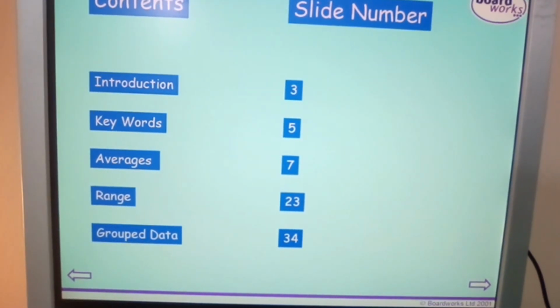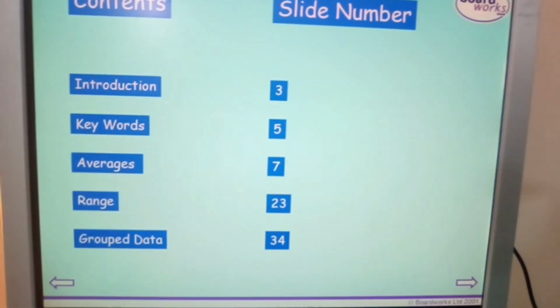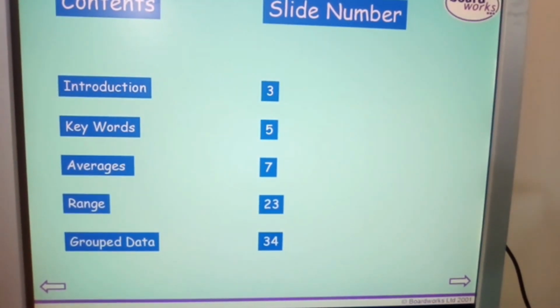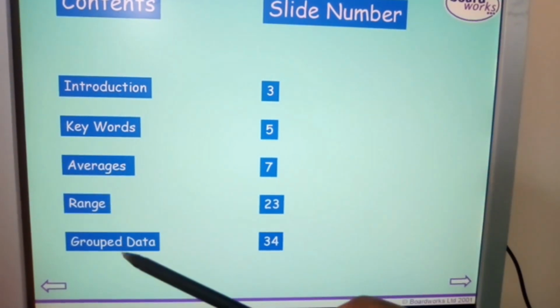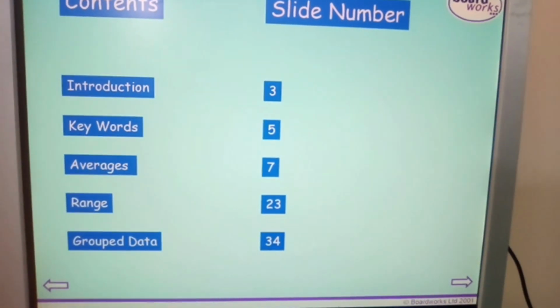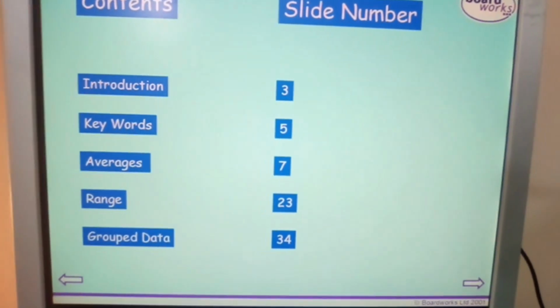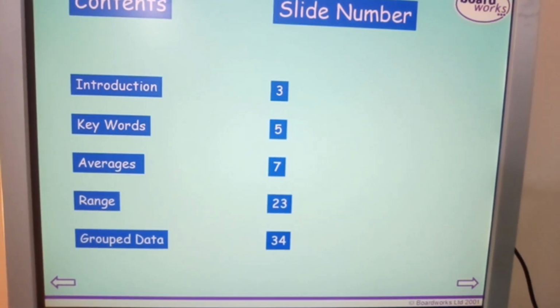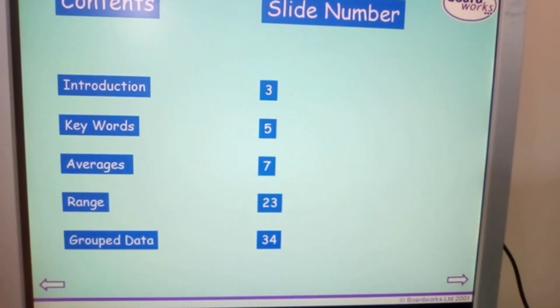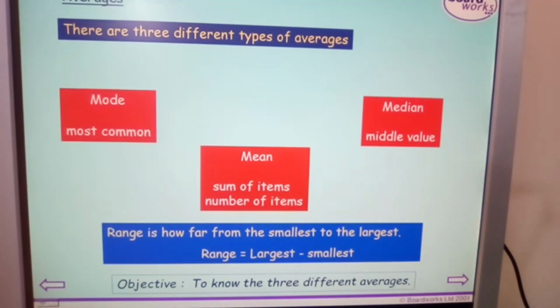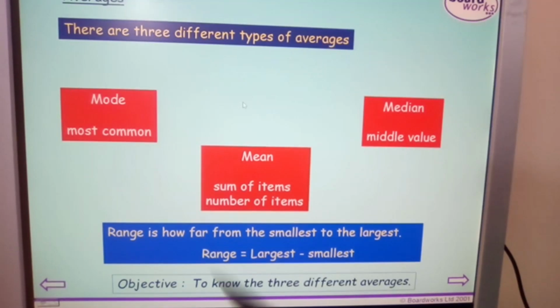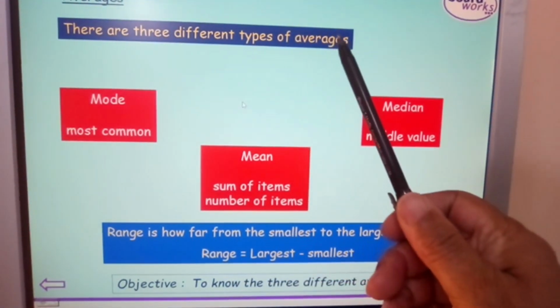Right, content. What I'm going to look at is, namely, introduction, keywords, averages, range, group data, okay? Now, averages, there are three different types of averages.